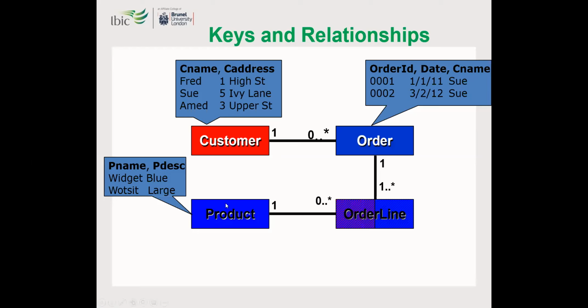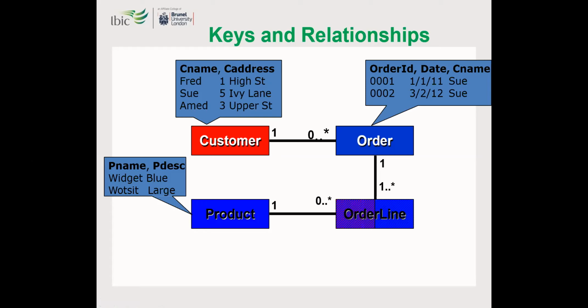So here we want to see, can we guess what the primary key and the foreign key are in here? We need to find a similar object in here. We do have CNAME in the order, and we do have PNAME, CNAME.